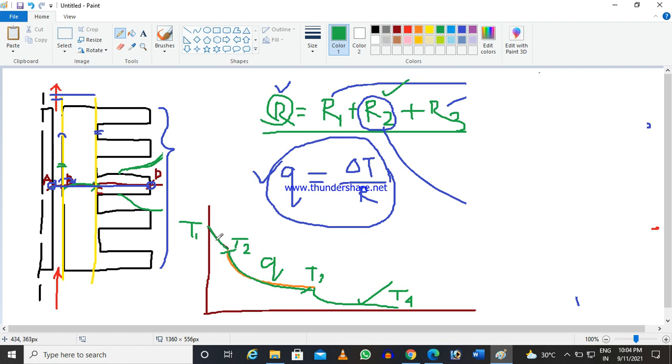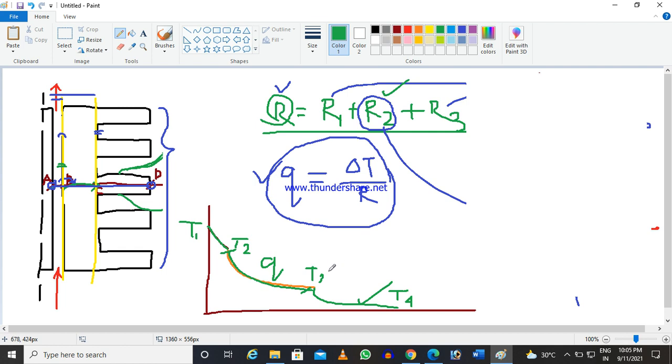Here the assumption is the heat transfer is happening as it is in series, not considering the temperature drop at the junction, at the contact.